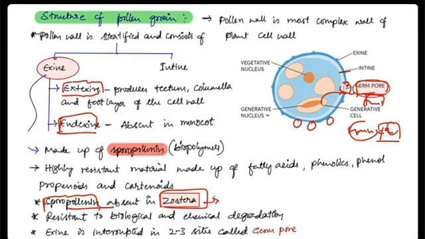These are the type of questions which by rare chance might be asked in the exam, so it is better that you remember all these things. Talking about sporopollenin, this is a highly resistant material which is made up of fatty acids, phenolics, phenylpropanoids, and carotenoids. So this is the chemical composition of sporopollenin.